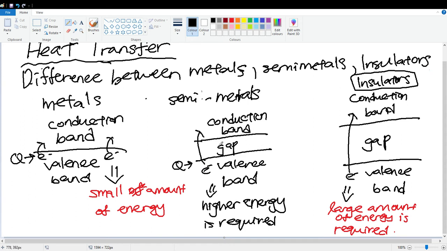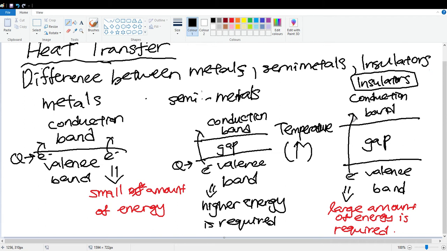So this is why I said that the temperature for semi-metal should be higher. And insulators have negligible free moving electrons, since the electron is quite hard to jump from the valence band to the conduction band. Alright, so these are the reasons.